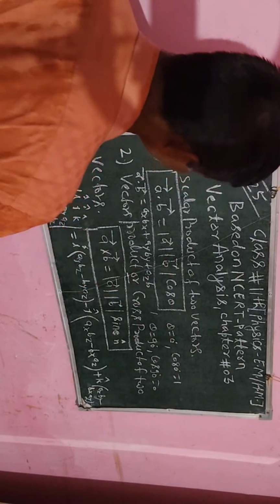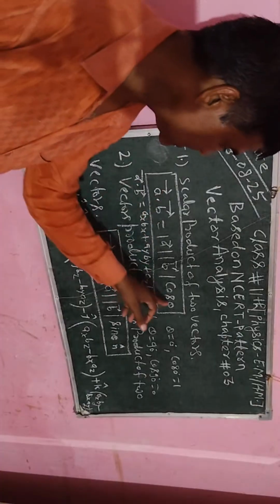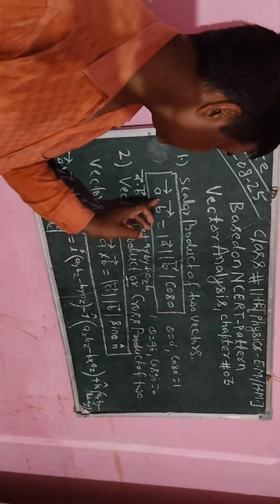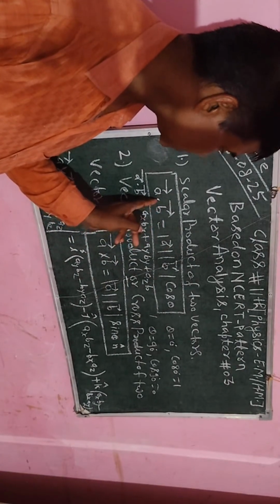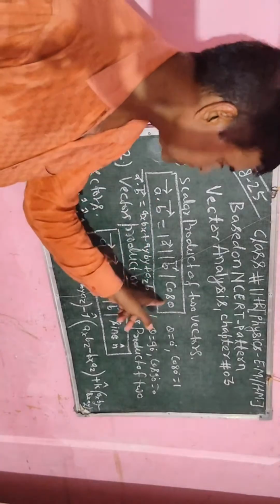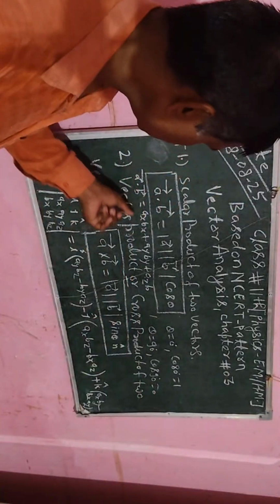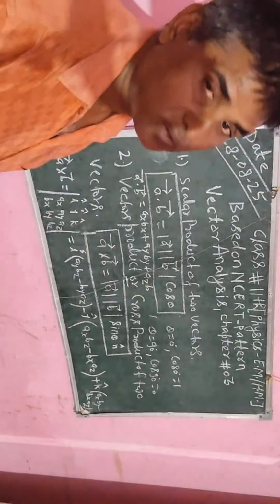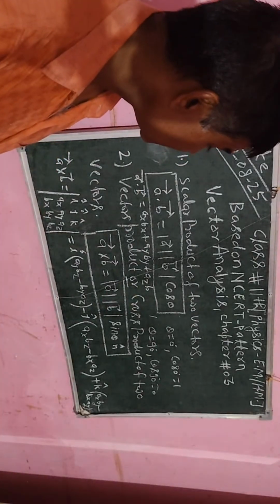We have to write this because if both vectors are perpendicular to each other, the angle between these two vectors, vector a and vector b, will be 90 degrees, and cos 90 degrees is equal to 0. So I will get a dot b, which is equal to ax, bx plus ay, by plus az, bj, which is equal to 0. It means that both vectors are perpendicular to each other.